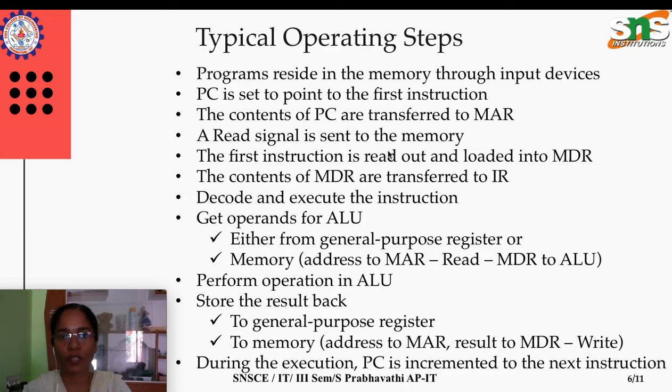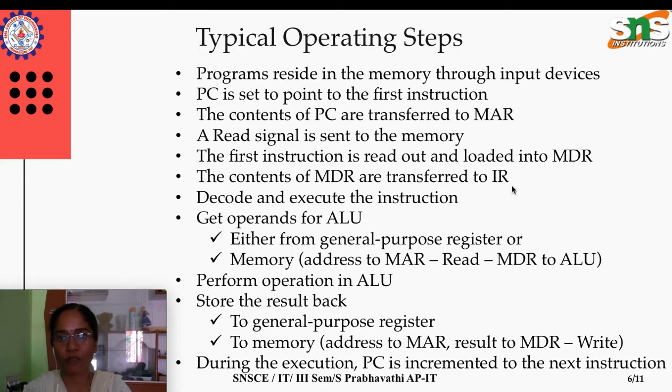The first instruction is read out, and whatever content is present in that memory location is stored into the memory data register, not directly to any other registers or the IR. From there it moves to the instruction register.